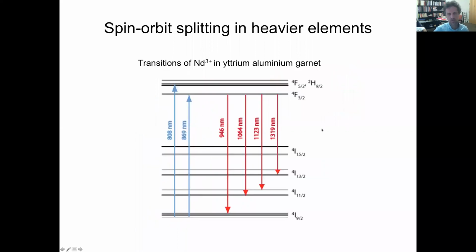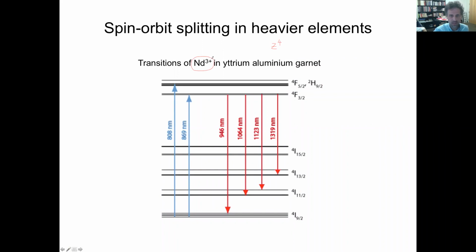Let me now say something about the fact that these splitting energies, the spin orbit coupling energies, are very little in the case of hydrogen, but we already noticed that they can be quite substantial for other elements. And that is because, again, of this Z to the power 4 dependence. So let's focus on this element here, neodymium.